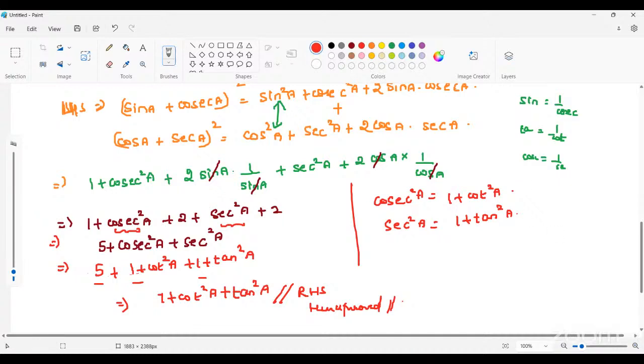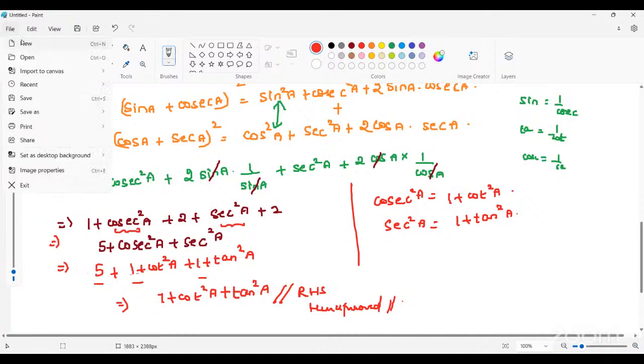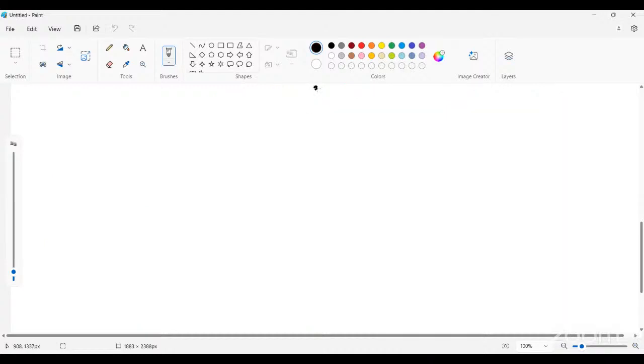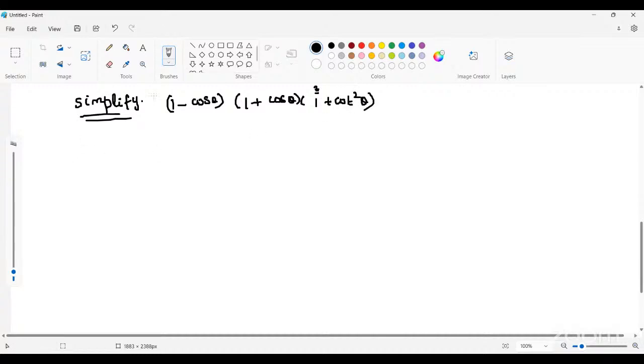All right. Now we are moving on to the next sum. Right. Next sum is we need to simplify. What should we simplify? (1 minus cos theta)(1 plus cos theta)(1 plus cot square theta).